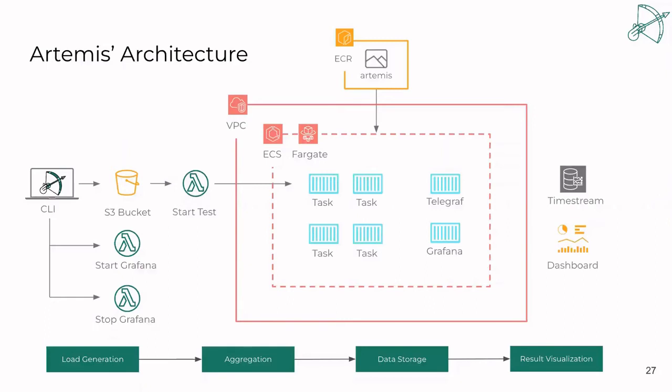Artemis's initial deployment includes a number of AWS resources, including Lambda functions, a Timestream database, a virtual private cloud, an Elastic Container Service cluster, and more. We will explain what these services do later on. For now, let's take a look at how to deploy the Artemis infrastructure from the CLI.